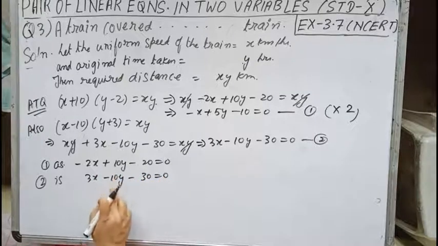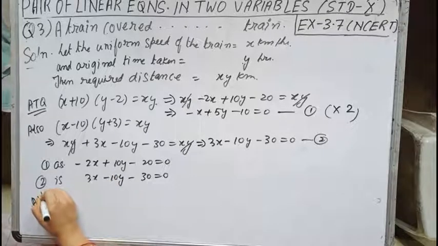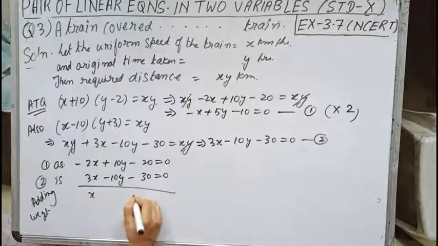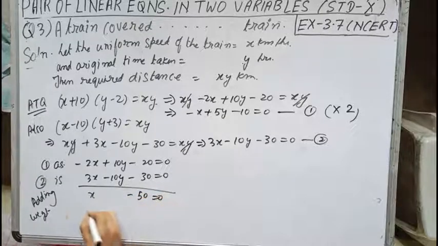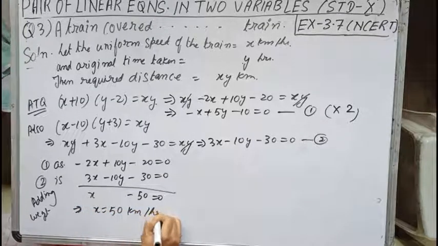Now since the coefficients are the same, the sign is changed but the numeral value is the same, so we will add. Adding, we get x minus 50 equals 0. This implies x equals 50 kilometer per hour.